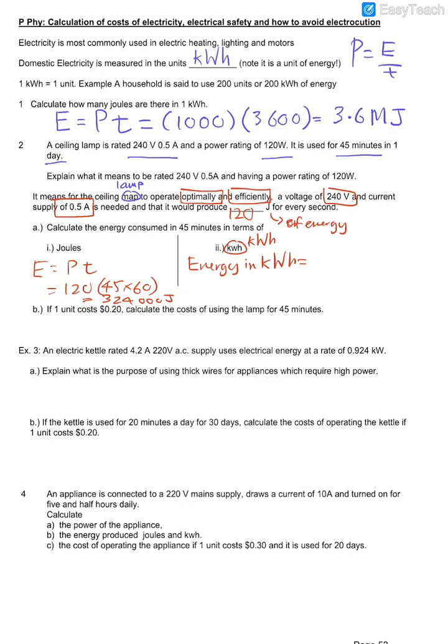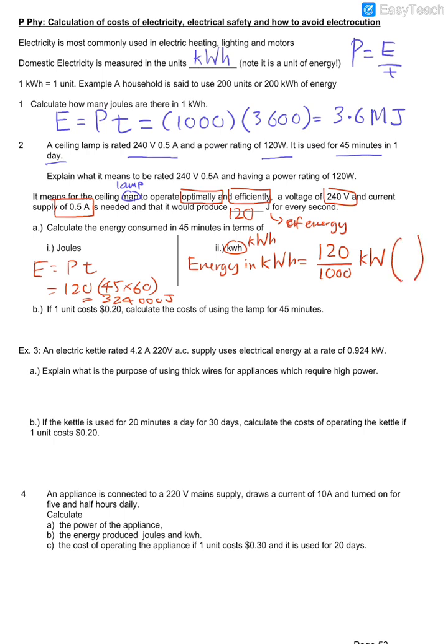First step: divide by 1,000. You take 120, you divide by 1,000, then this becomes kilowatt. Then hours. Very easy.